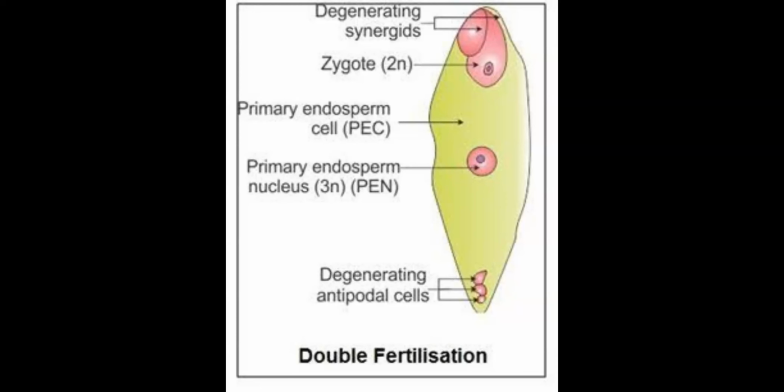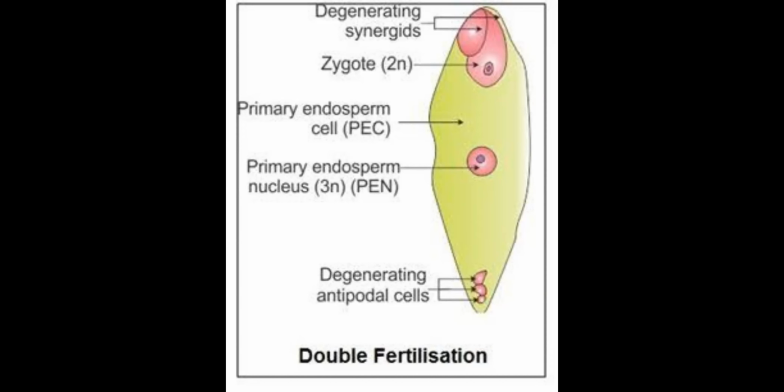Correct, it's syngamy. And what about the product of that syngamy? Zygote. Is it going to be haploid, triploid, diploid or tetraploid? Diploid, correct. Diploid zygote over there towards the micropylar end.